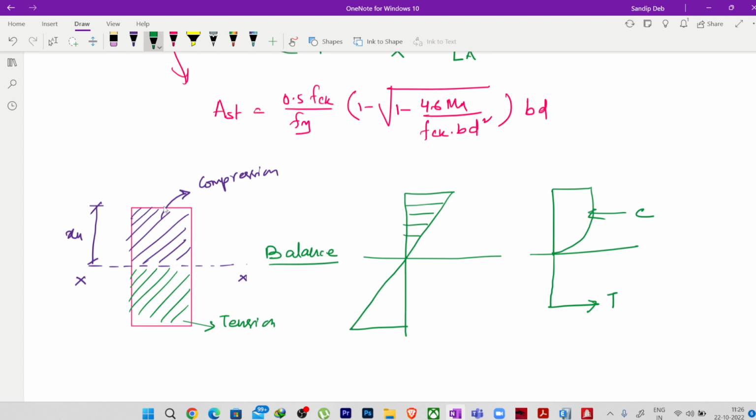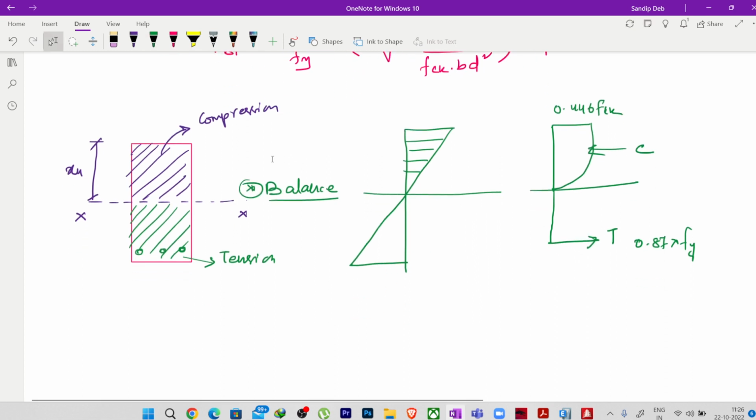This particular zone is reaching its ultimate value of stress, which is 0.446 FCK, and here the steel that we have provided is also reaching its ultimate value of tensile stress, which is 0.87 multiplied by Fy. Then we will call it a balanced section.